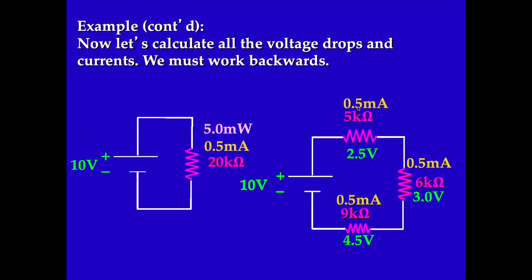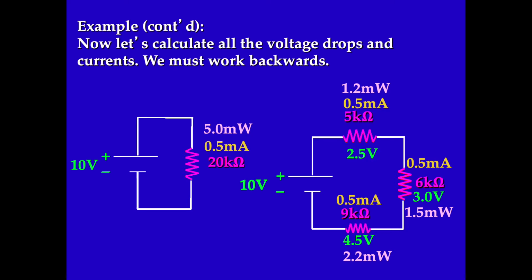That should give me 1.25 milliwatts. And I did round these off, so I was being careful with sig figs. If I take 3 volts times half a milliamp, I get 1.5 milliwatts. If I take 4.5 volts times half a milliamp, I get 2.25 milliwatts. Are we okay with that? Everybody following?